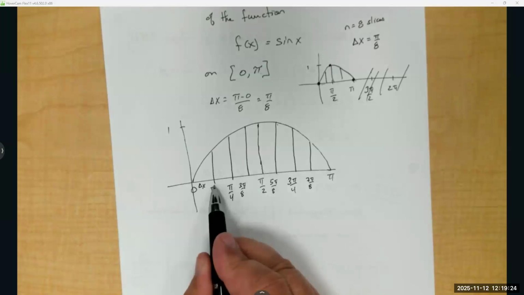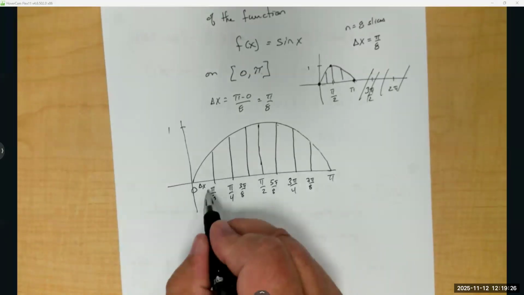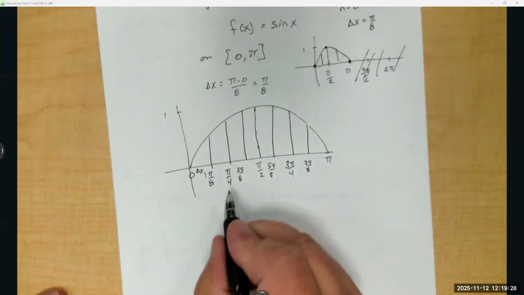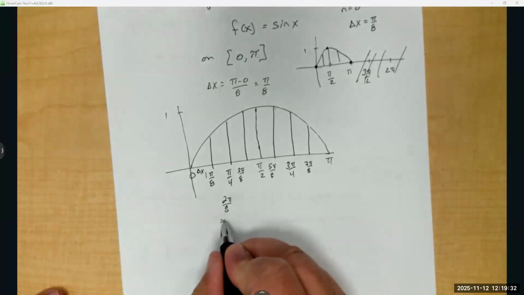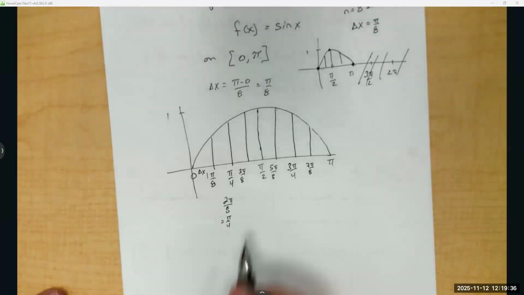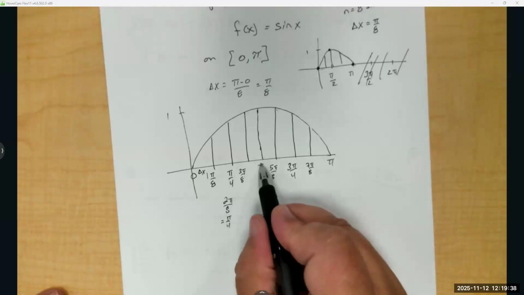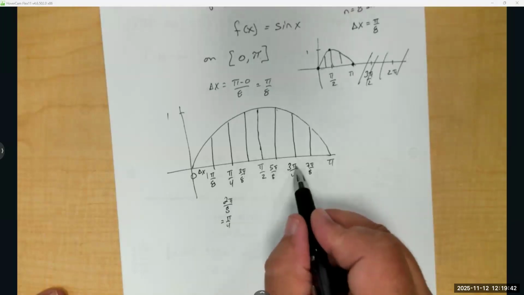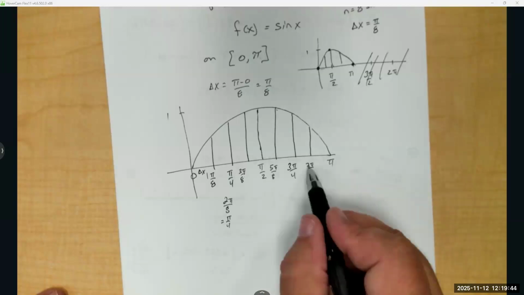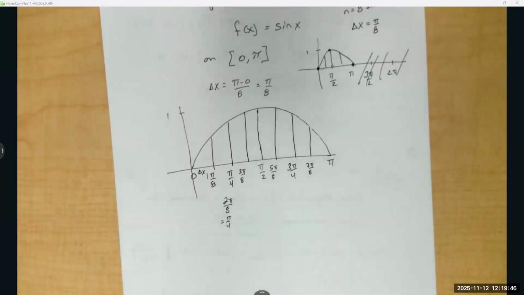0 to pi over 8. That's 1 pi over 8. Then 2 pi over 8 is 1/4, or pi over 4. Then 3 pi over 8, 4 pi over 8 is pi over 2, 5 pi over 8, 6 pi over 8, 7 and 8 pi over 8. So that's the easiest way to do the intervals.